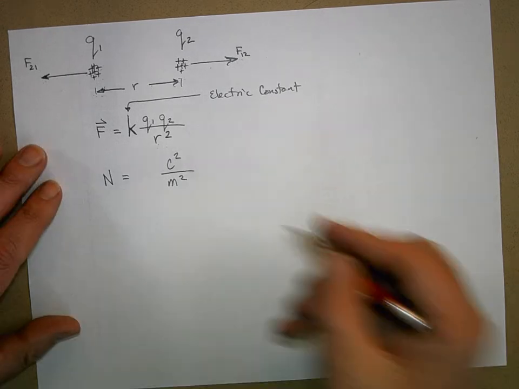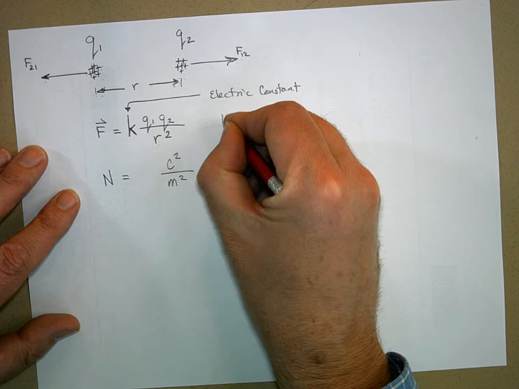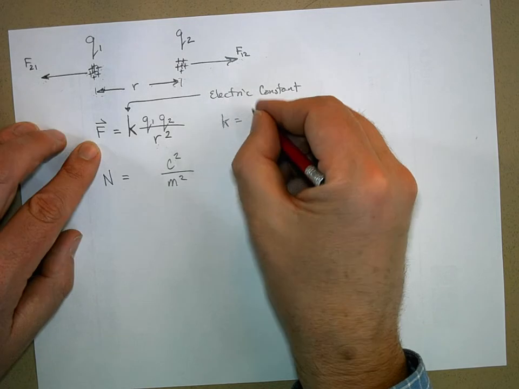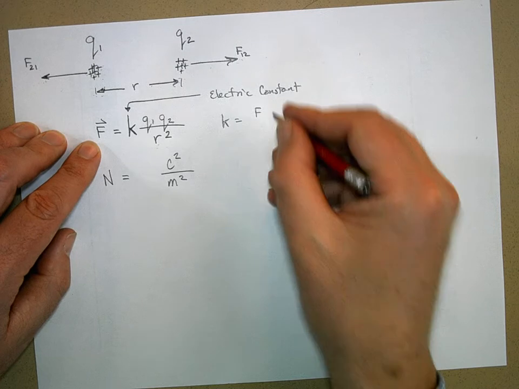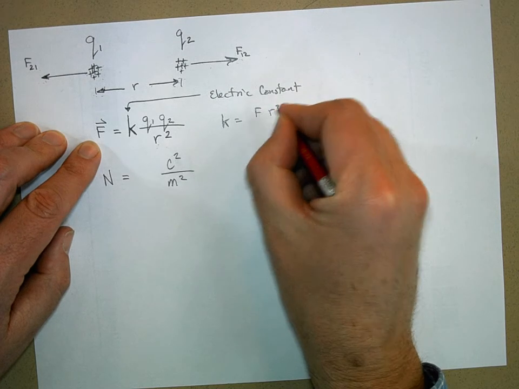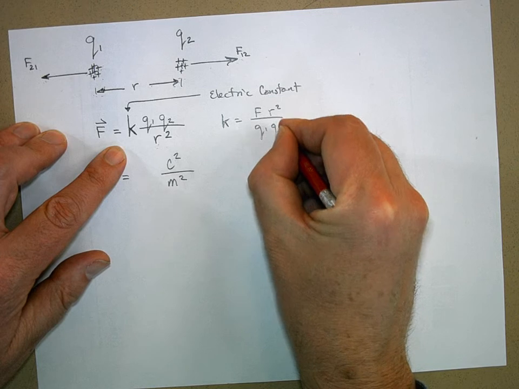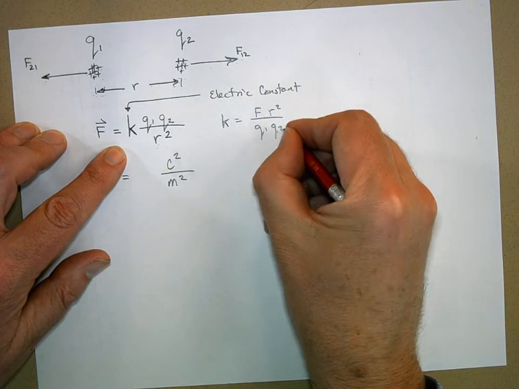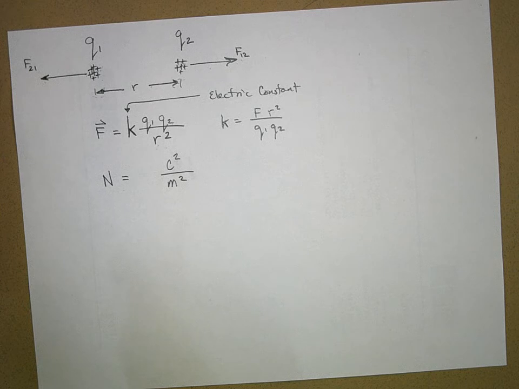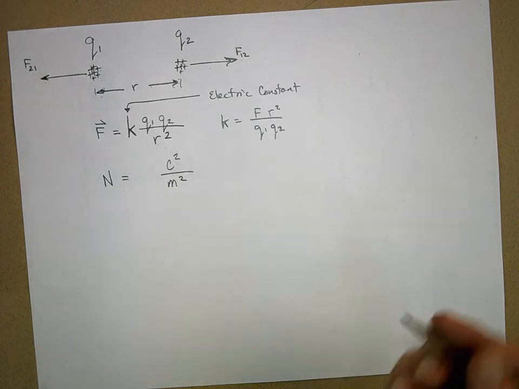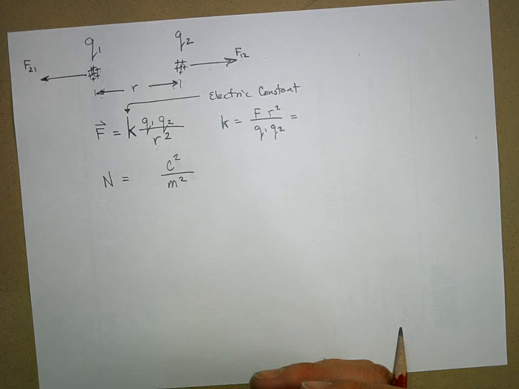You just take this equation and you solve. k, our electric constant, will be equal to the force that I measure between the two charges times the distance between them squared, divided by the charges. And when you do the experiment and you plug in the values, you get a value for k.